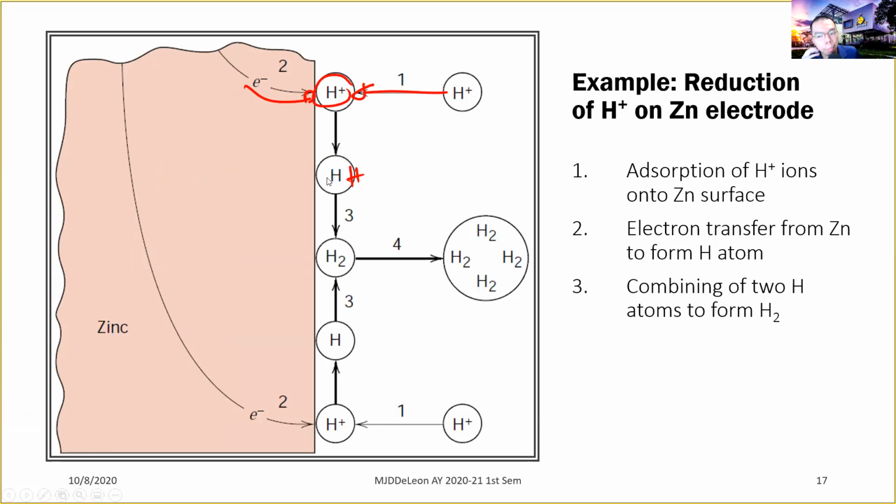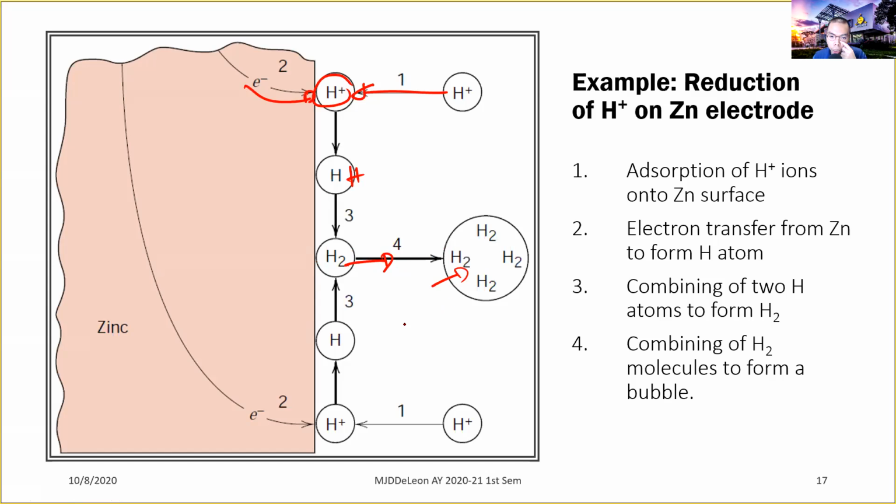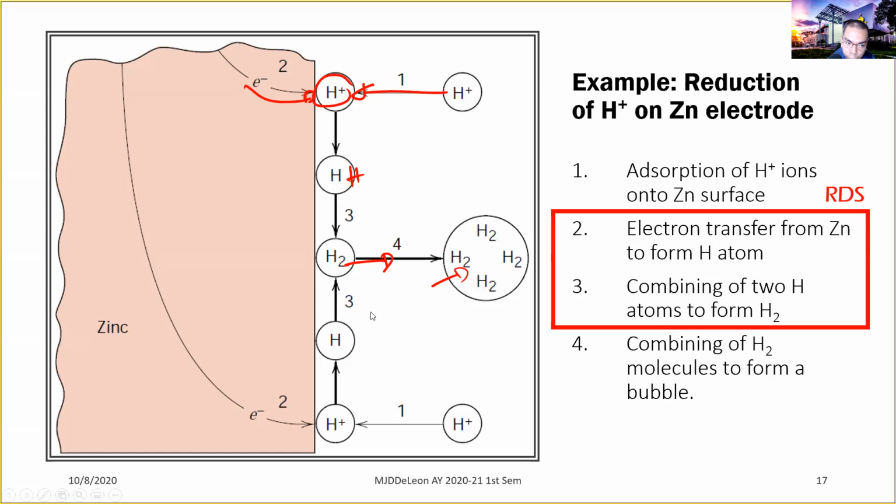Third step is the combination of your 2 hydrogen atoms to form hydrogen gas. And yung fourth is yung release of your H2 and the combination of your different H2 molecules to form a bubble.